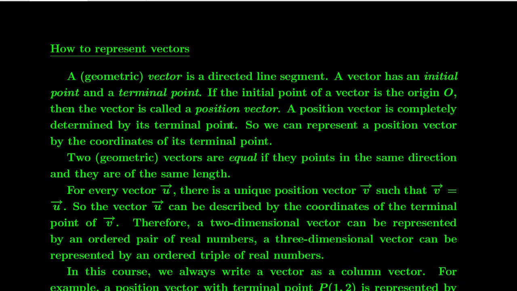We just mentioned a vector has an initial point and a terminal point, right? On a rectangular coordinate system, or Cartesian coordinate system, by which we mean a plane or a space equipped with Cartesian three axes or two axes, if the initial point is the origin, then we call the vector a position vector.